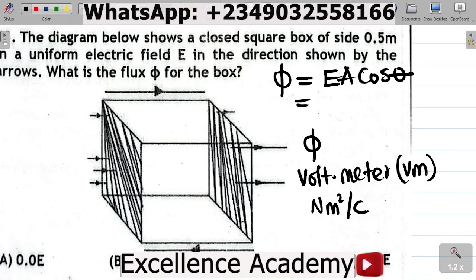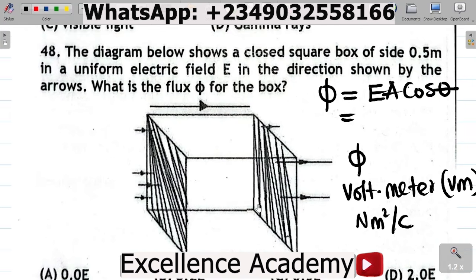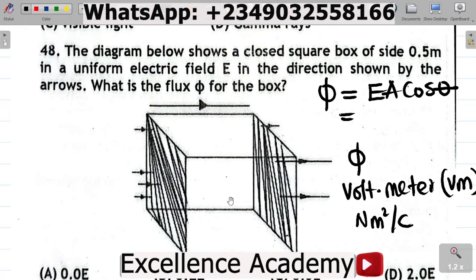Oh, they said electric field, just E, so leave this as E. Then A is simply area. They give you the side as 0.5, and they said it is a square box. So the area becomes 0.5 times 0.5, which is 0.5 squared.